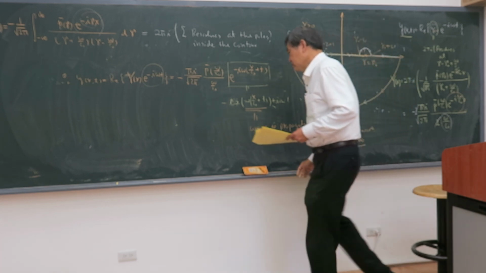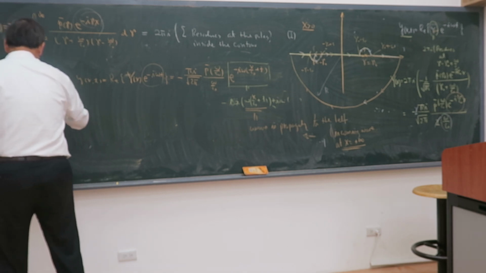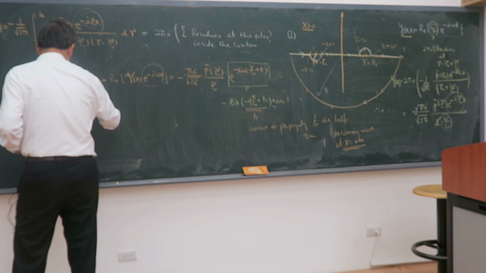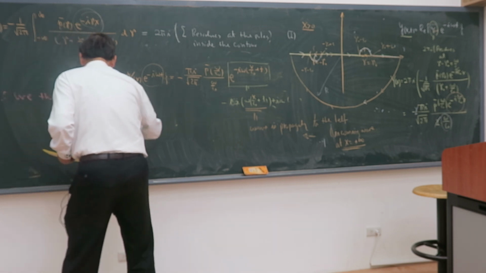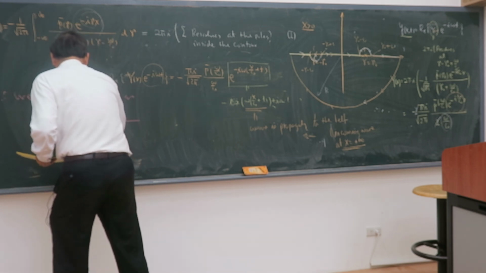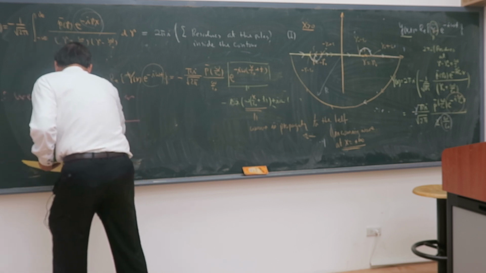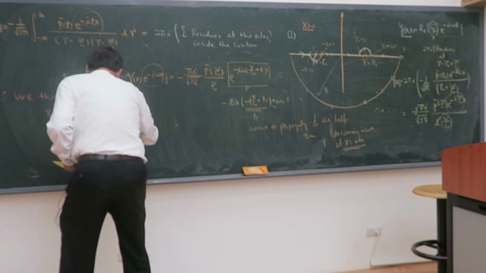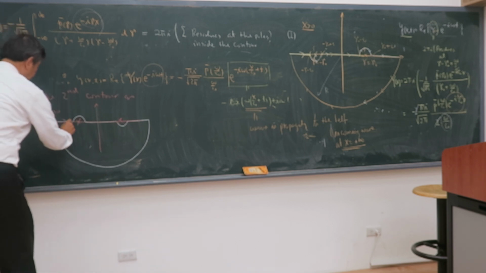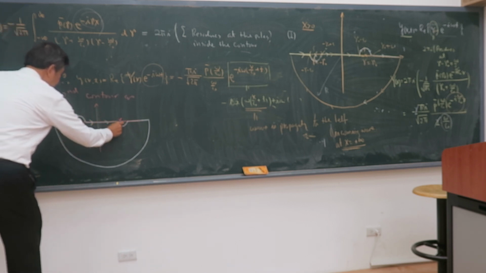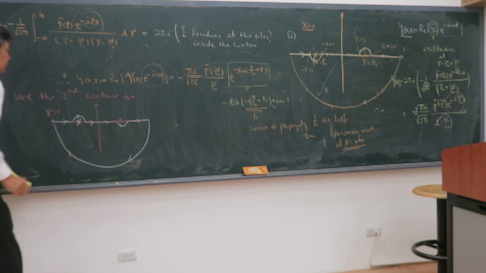So we choose the second contour as lower. For x larger than 0, I have a contour containing this, excluding this, then infinity. So my contour is like this, and I contain this residual.